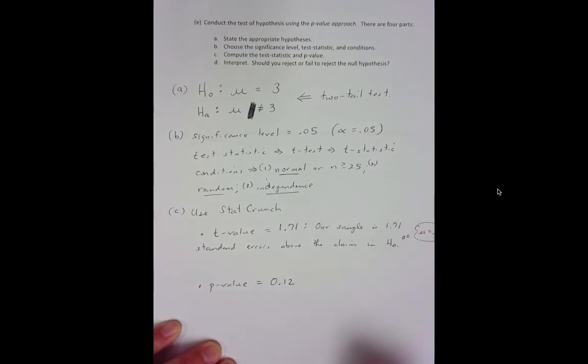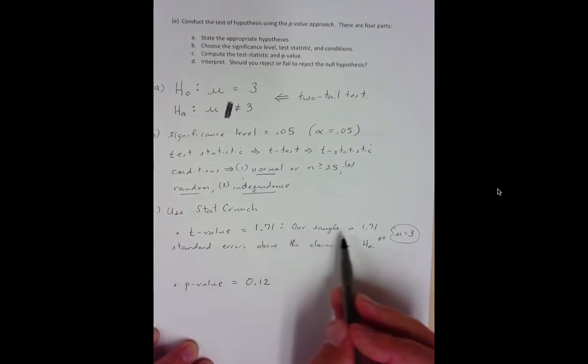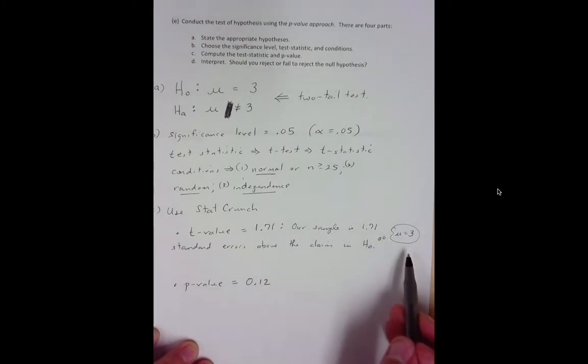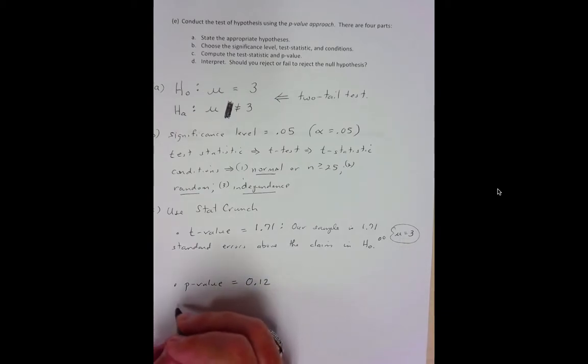Mu is equal to 3. So our sample is 1.71 standard errors above the claim in H sub O, which is that the mean is equal to 3. P-value 0.12.